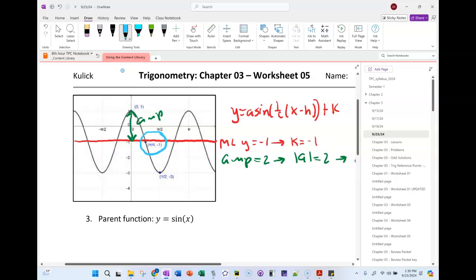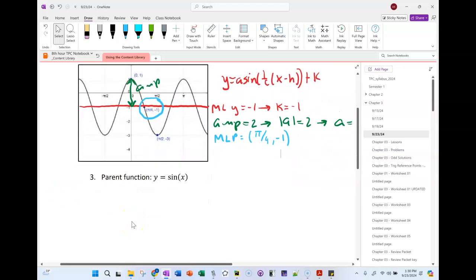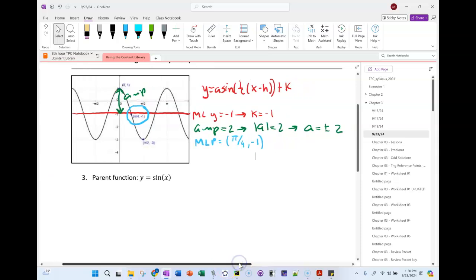So I want this one. Now for sine, what do I look at to tell if I want the positive or negative for A? Correct. What comes next? So next is a minimum, so I want the negative.